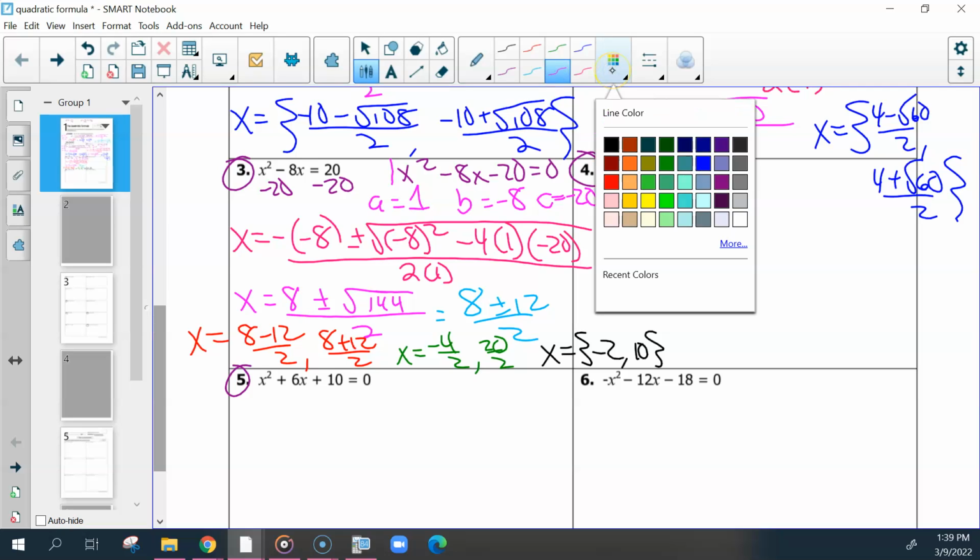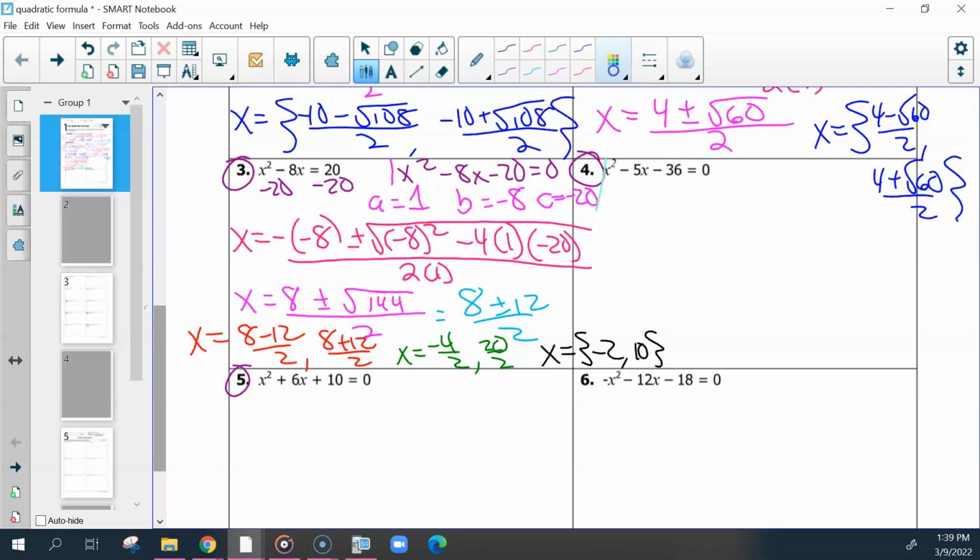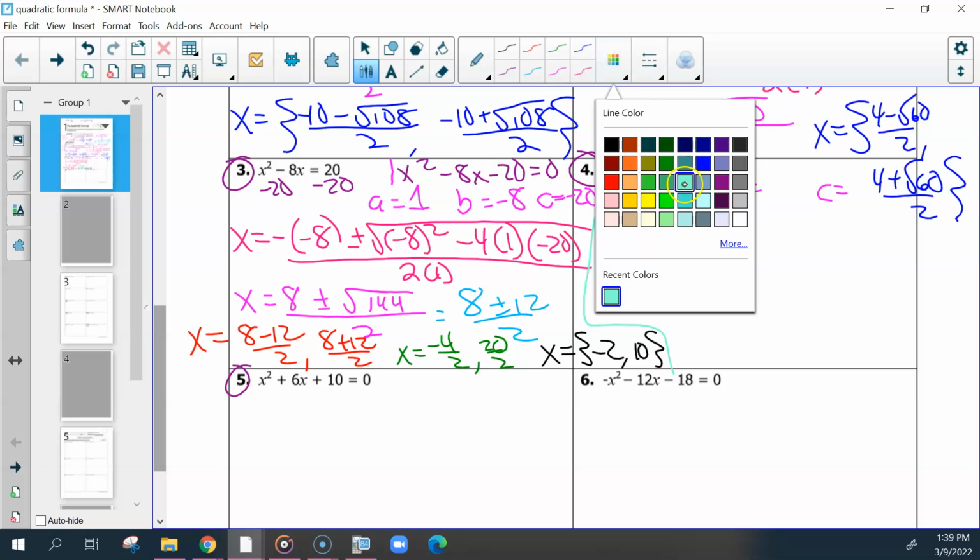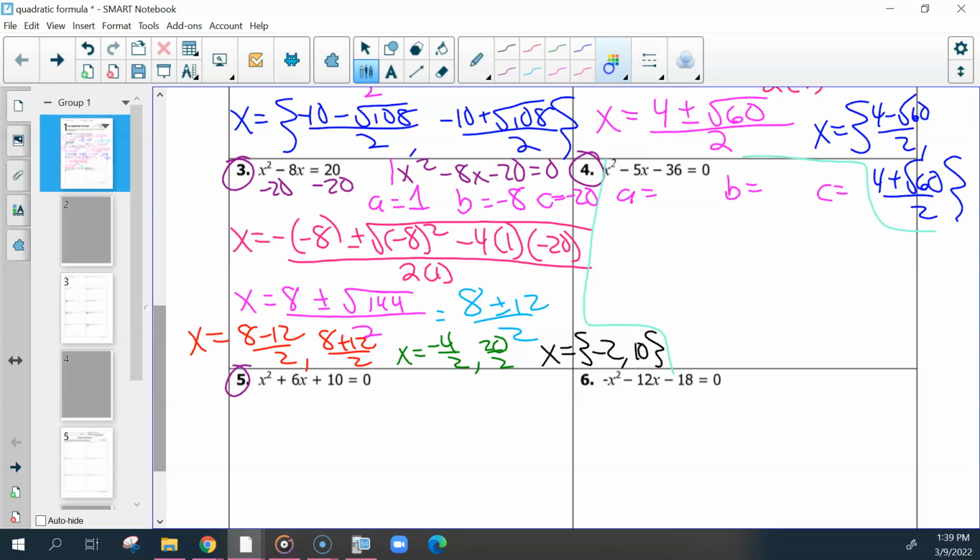For number 4, what are your A, B, and C values? One for A, negative 5 for B, and negative 36 for C. Then we can put those numbers into our formula and start.